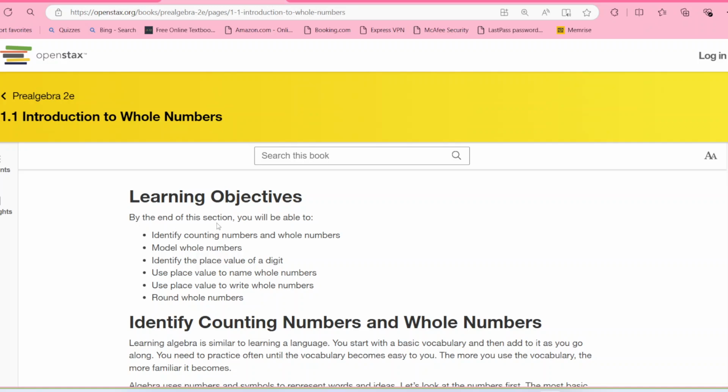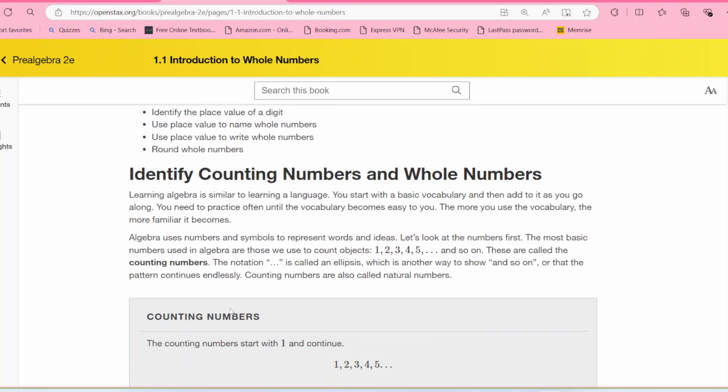By the end of this section, you will be able to: identify counting numbers and whole numbers, model whole numbers, identify the place value of a digit, use place value to name whole numbers, use place value to write whole numbers, and round whole numbers.